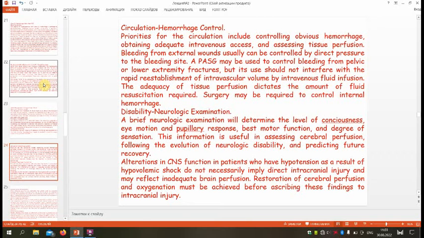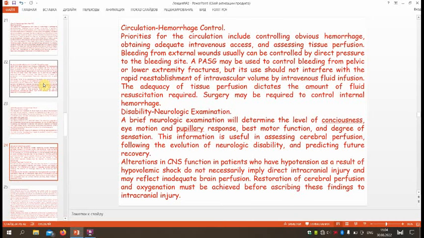Disability, neurological examination. A brief neurological examination will determine the level of consciousness, eye motion, and pupillary response, best motor function, and degree of sensation. This information is useful in assessing cerebral perfusion, following the evaluation of neurologic disability, and predicting future recovery.